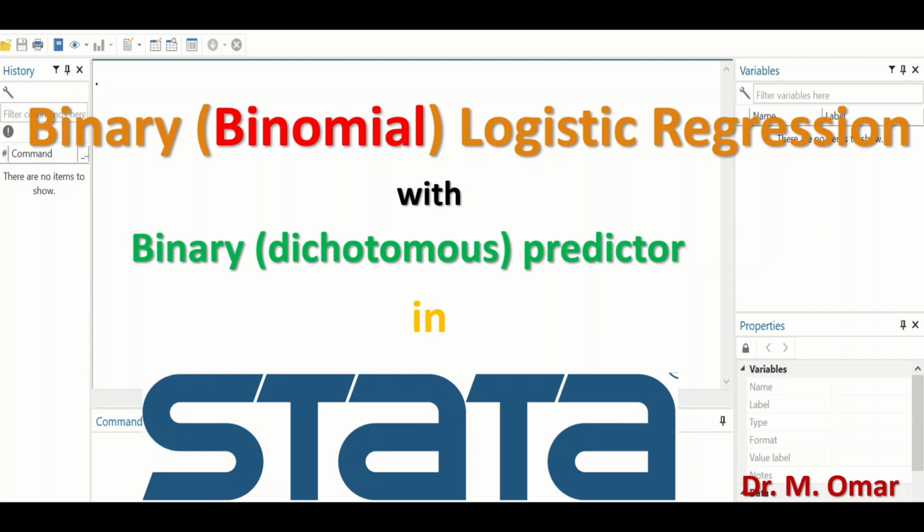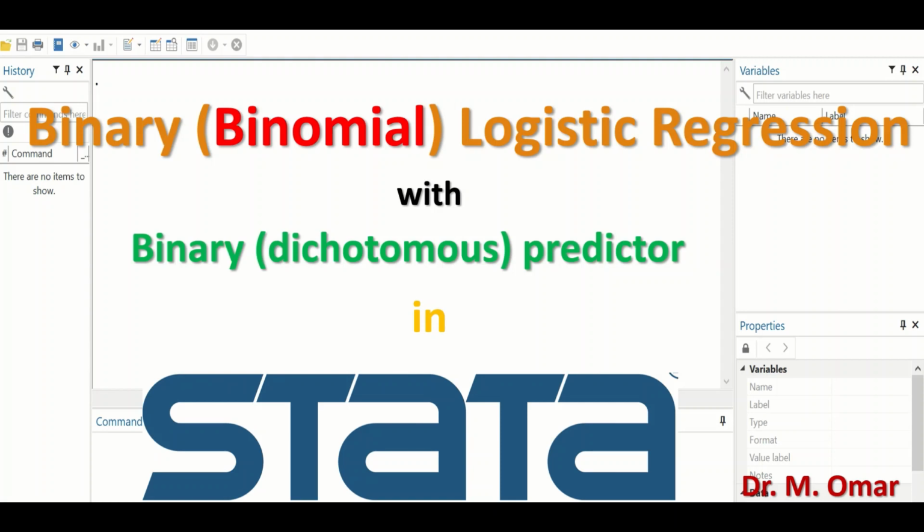Logistic regression is a statistical method that can be performed when there are two variables. One of the variables is called the outcome, or the dependent variable, or the response, and this outcome is binary or binomial, which means there are two levels in it. The other variable is called the independent variable, or the exposure, or the explanatory variable, or the predictor.